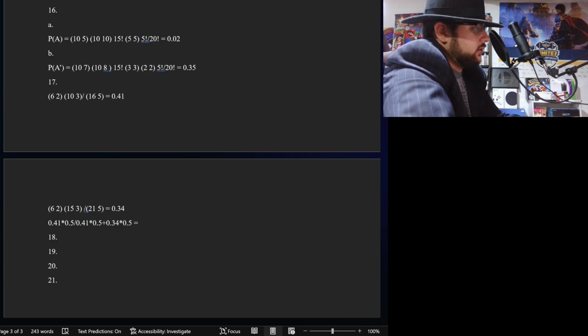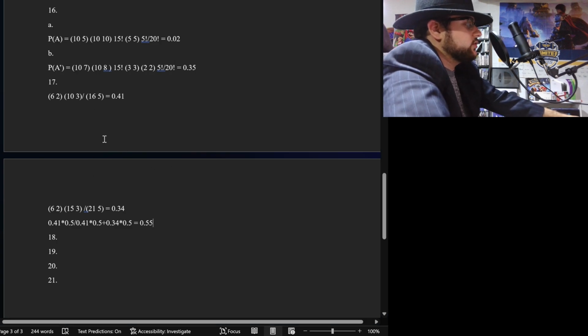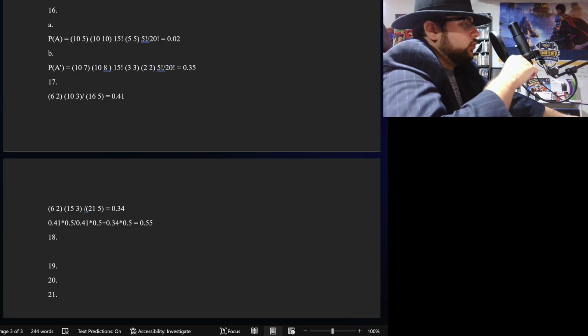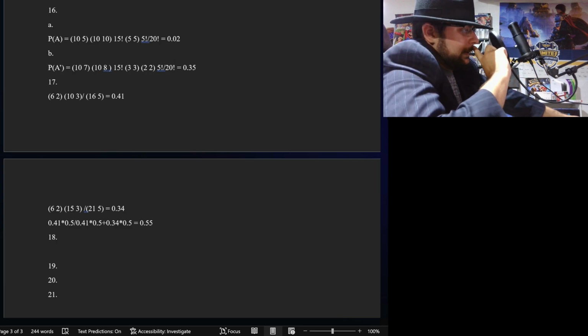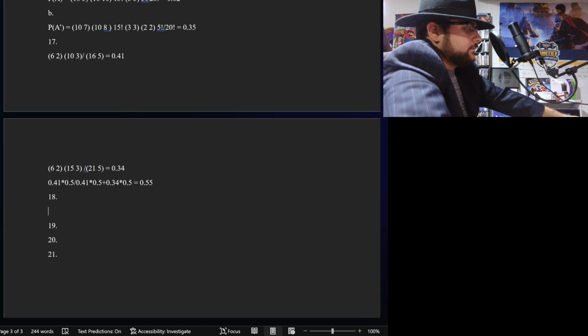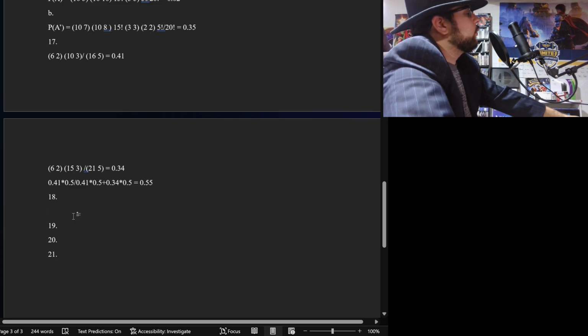And then we take the probability of 0.55. This is the answer I would want. I want you to show all 3 of these steps. If you show the full Bayes formula in letters, that's also acceptable, but definitely just show the numbers, of course.